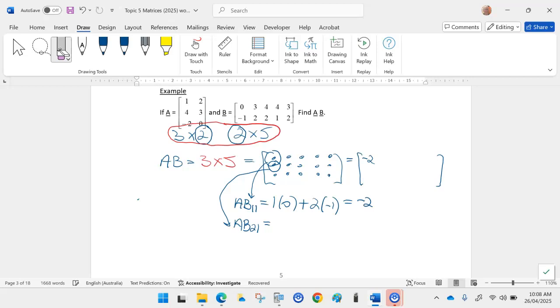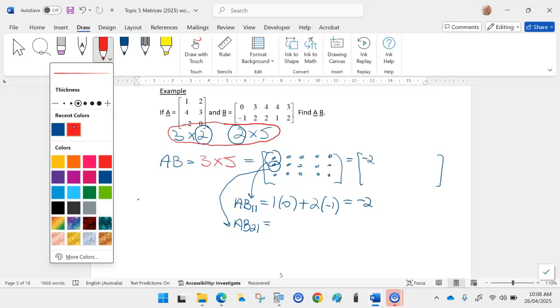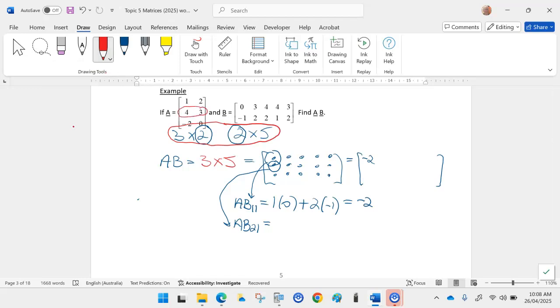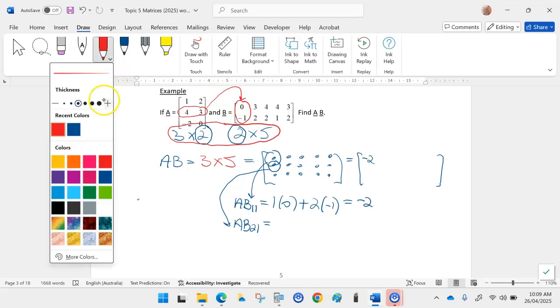So that means I'm going to take the second row of matrix A and multiply it through the first column of matrix B. Second row is from matrix A, first column is from matrix B. Second row, first column.